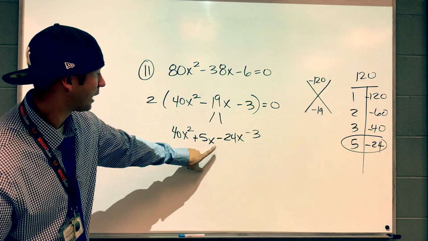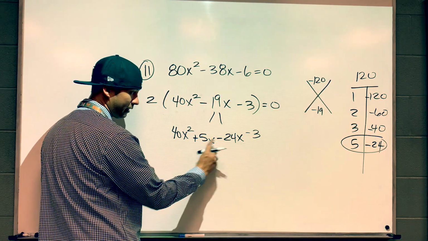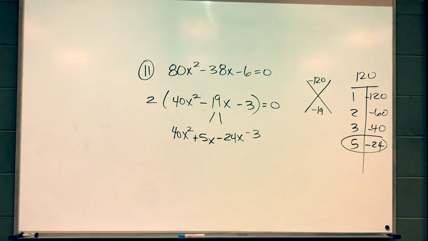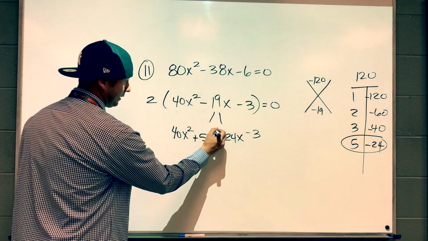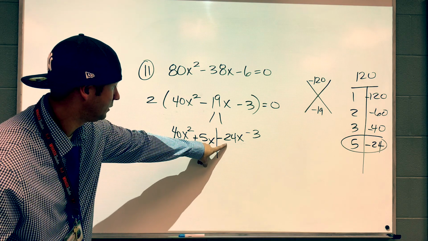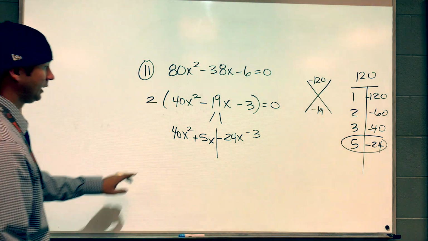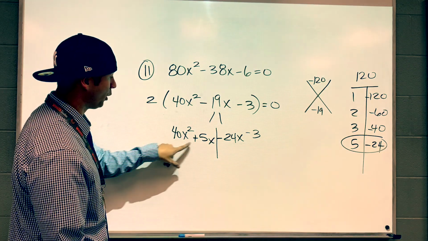Right, again, I combine these 2, I get negative 19. So I could have put negative 24 here and positive 5 there. Okay, we split it in between the second variable and the operation for the third variable, so we split it down the middle. I want to factor the GCF out of both of these.